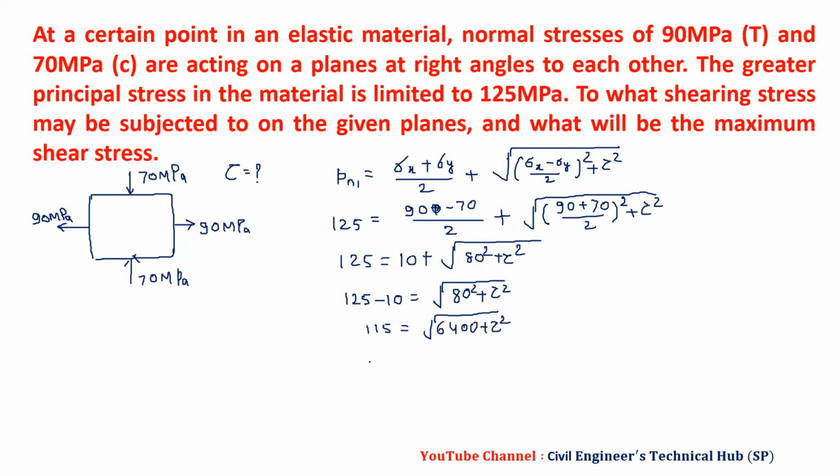Squaring both sides, 115 square equals 6400 plus tau square. From this, tau is equal to root of 115 square minus 6400. I got this value of tau: 82.61 Newton per mm square.